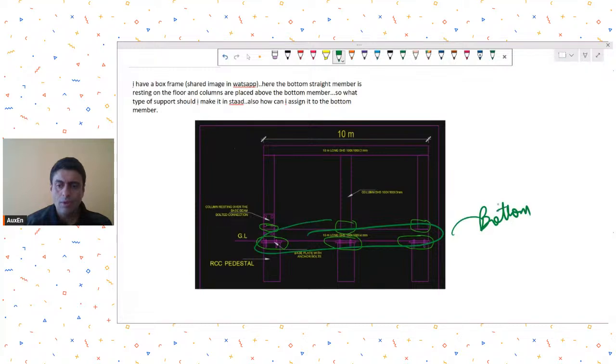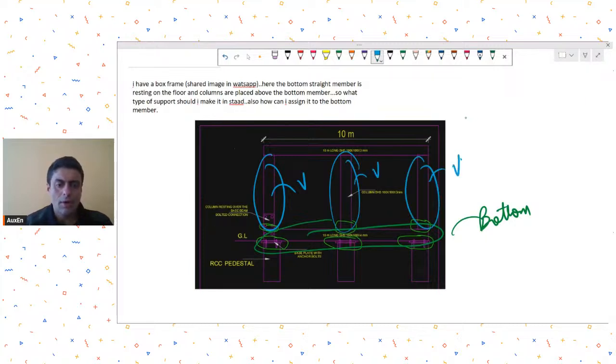And on top of this bottom member, they have a vertical member like this. So this is their vertical. So he's asking how to model this thing. And the bottom straight member is resting on the floor. Columns are placed above the bottom member. So what type of support should I make it instead?